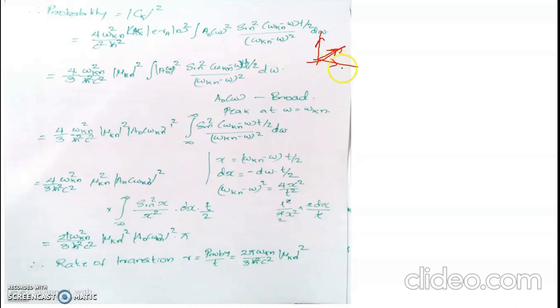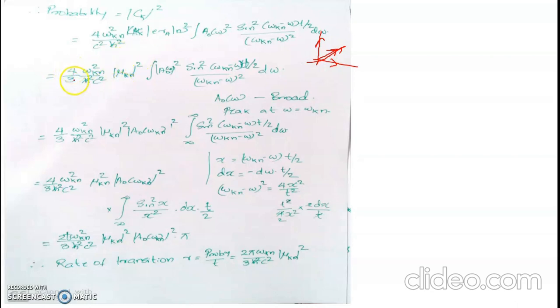So the practical transition probability must be 1/3 of this expected theoretical probability. In order to evaluate the practical transition probability, I have to account for this correction. I'll be taking only 1/3 of this evaluation.